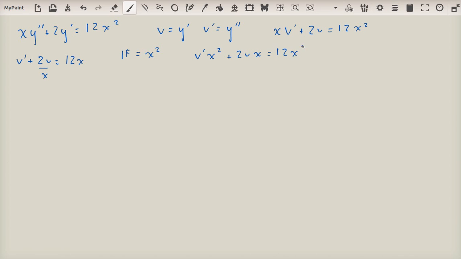12x cubed. You'll notice we've got a product rule going on here, so x squared times v prime plus the derivative of x squared, which is 2x, times v, is equal to 12x cubed.